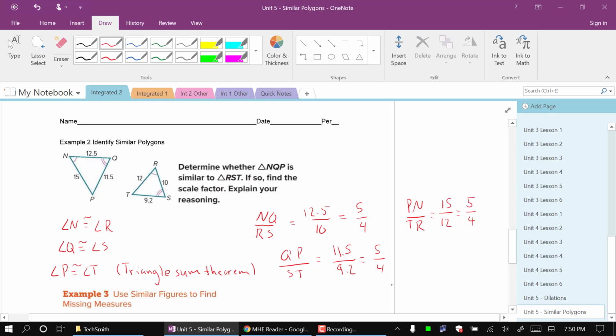So all three of these have the same ratio, and all the angles are the same. So triangle NQP is similar to triangle RST, and our scale factor is 5/4.